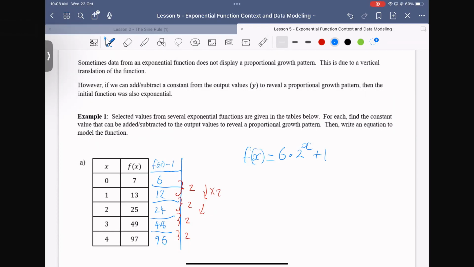I'm using this value here for that value, and this value here is how much it's proportional by. Because we're subtracting 1 from f of x, rearranging, f of x minus 1 is equal to 6 times 2 to the x. So rearranging to the side, it's going to be plus 1.